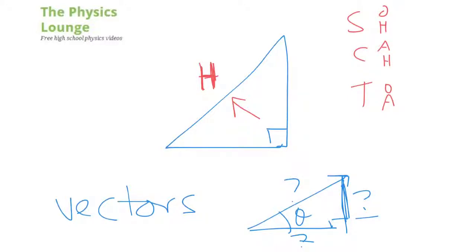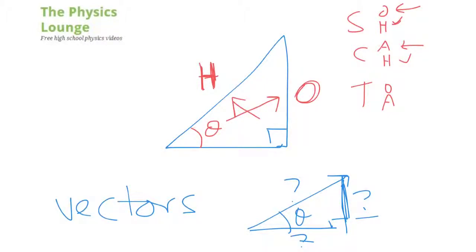We need to be able to define which is the opposite and which is the adjacent, since we've already dealt with the hypotenuse, which appears in the sine and the cos. So we need to just pick an angle. I'm arbitrarily choosing this one, we'll call it theta, and the opposite side is the side that is opposite. Okay, it's opposite to the angle.